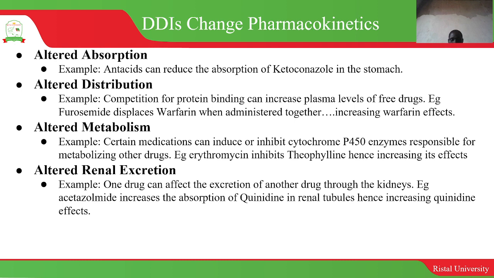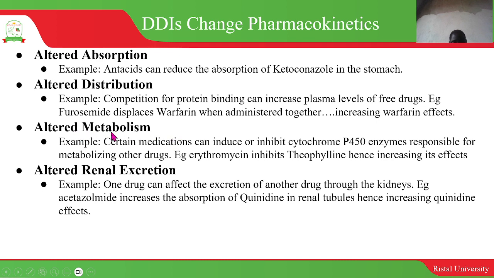This is the amount of drug that the body will use to reach bioavailability. So what happens here is that when furosemide is administered together with warfarin, furosemide displaces warfarin from the protein binding, thereby increasing the effects of warfarin. Okay?